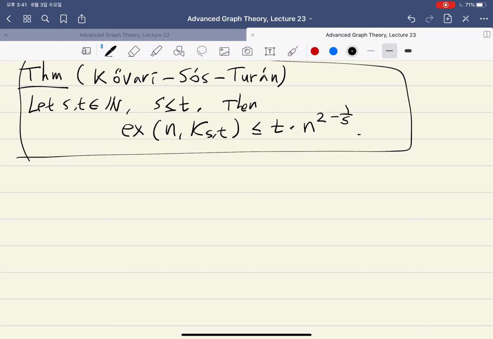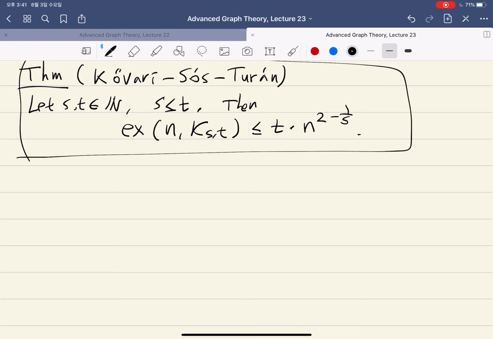We know that if s is 2 or 3, then these are tight. And also if t is at least (s minus 1) factorial plus 1, so t is much bigger than s, then it is tight. But in most cases, we don't know whether they are tight.